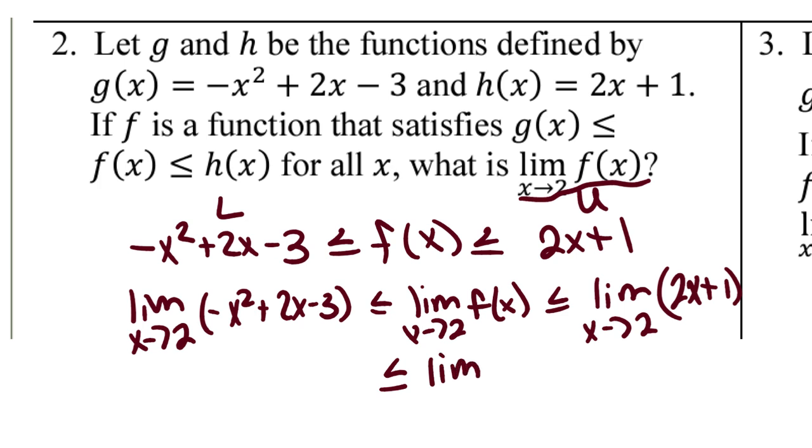So since they told us f of x is sandwiched in between, what is it sandwiched in between? If I plug 2 into the lower bound, what do I get? Okay, what do I get if I plug it into the upper bound?